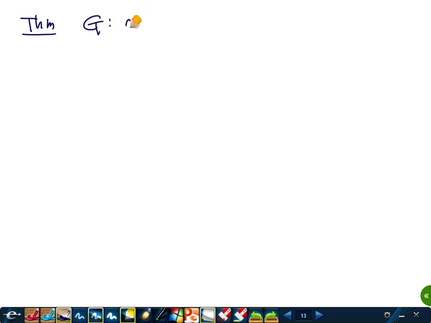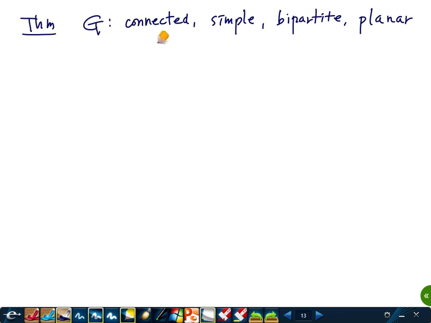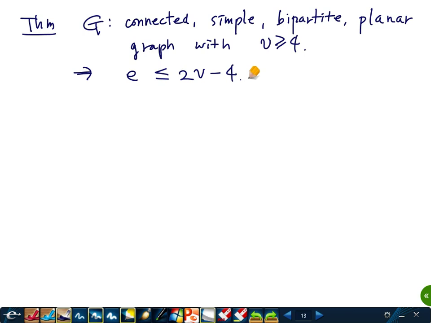G is a connected, simple, bipartite, planar graph with at least 4 vertices. Then E is less than or equal to 2V minus 4.